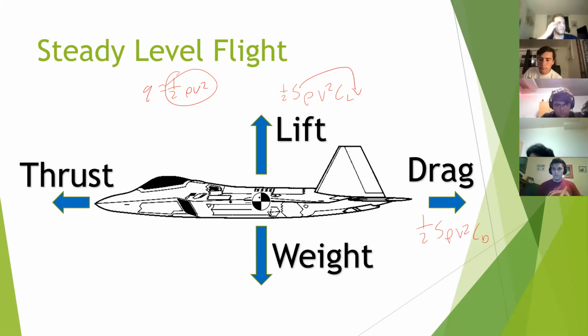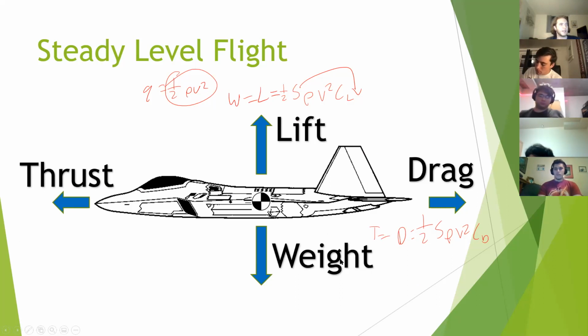So that's your basic equations: lift equals that, drag equals that, and then conveniently weight equals lift equals that, and thrust equals drag equals that one, right? Any questions on that?